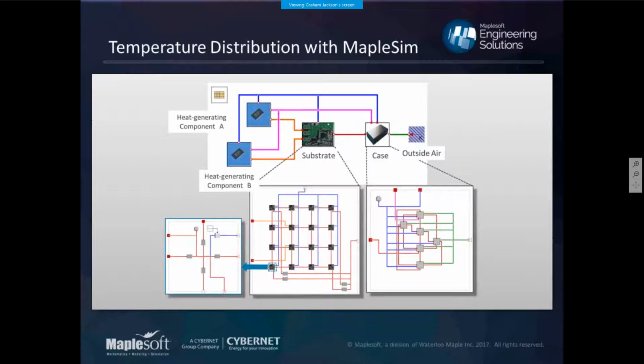Because what we've done here is we've taken the same thermal network method model, but we've done it within MapleSim, and we've used components from that Modelica library. And as described above, you can see what we've broken out here as the substrate. We've divided that into 16 different components, and the case is going to be divided for each surface in order to confirm the temperature distribution.